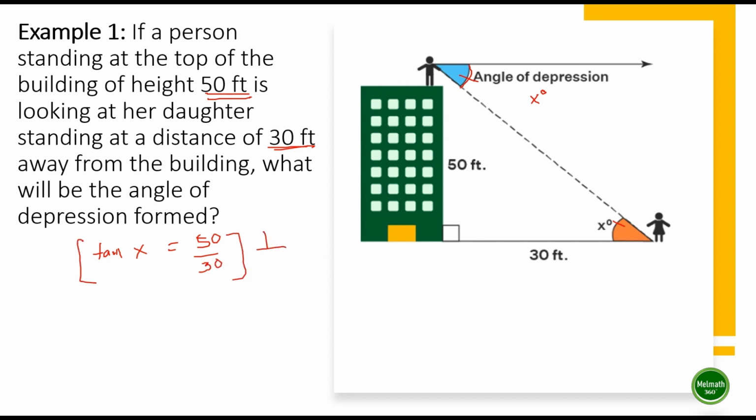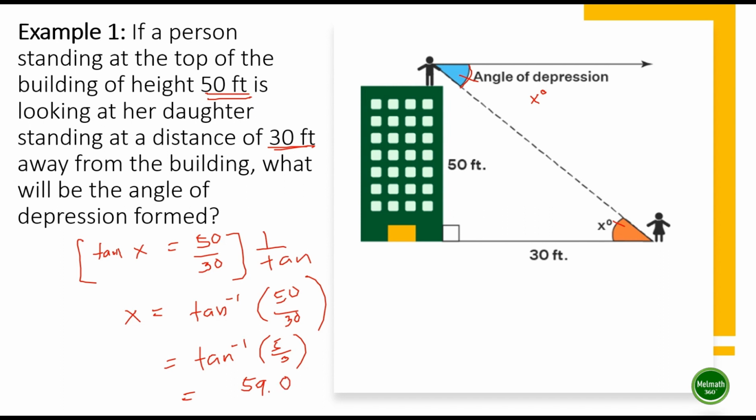Eliminate tangent here: x equals arc tangent 50 over 30. Therefore, the angle of depression is inverse tangent 5 over 3, and this is equal to 59.04 degrees.